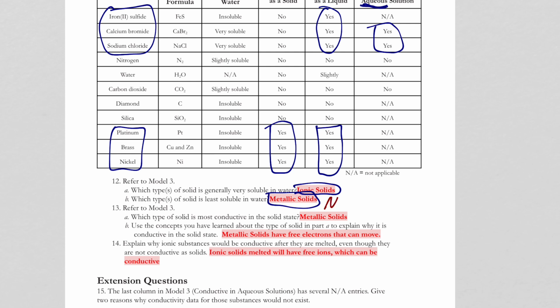Network covalent solids are usually not dissolvable. Well, technically, carbon dioxide can, and it actually ionizes the water, but that's a little bit different. So those are the two for 12B: metallic solids as well as network covalent solids do not dissolve in water.